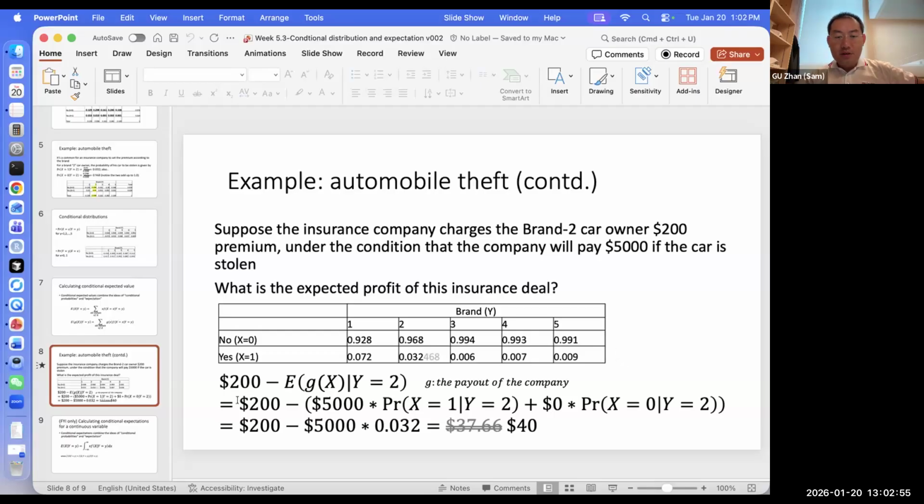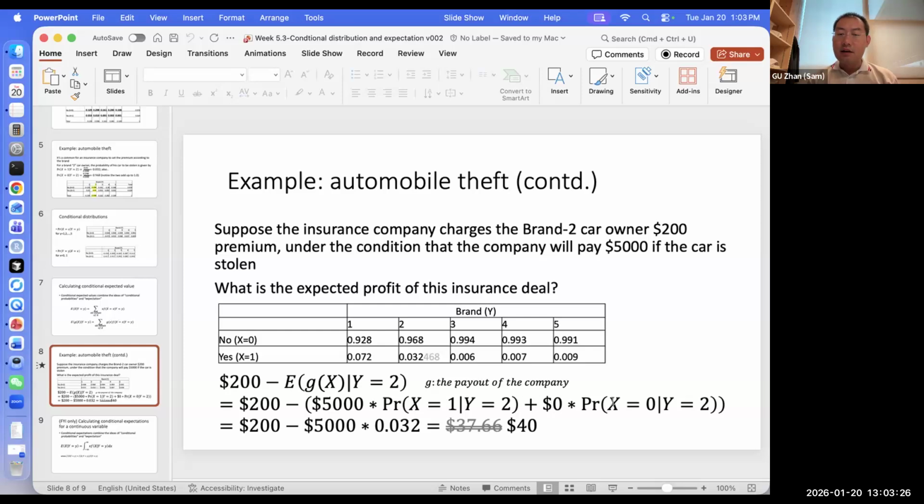So $200 minus the expected value of the cost. The cost to pay for brand 2: if it's stolen, how much does the insurance company need to pay? It's 5,000 times the probability of stolen, X equal to 1, Y equal to 2, 0.032.